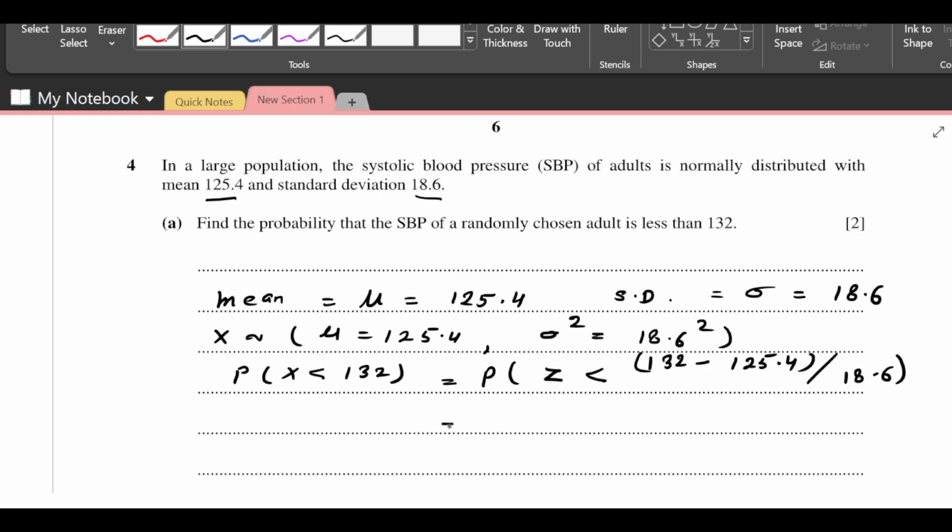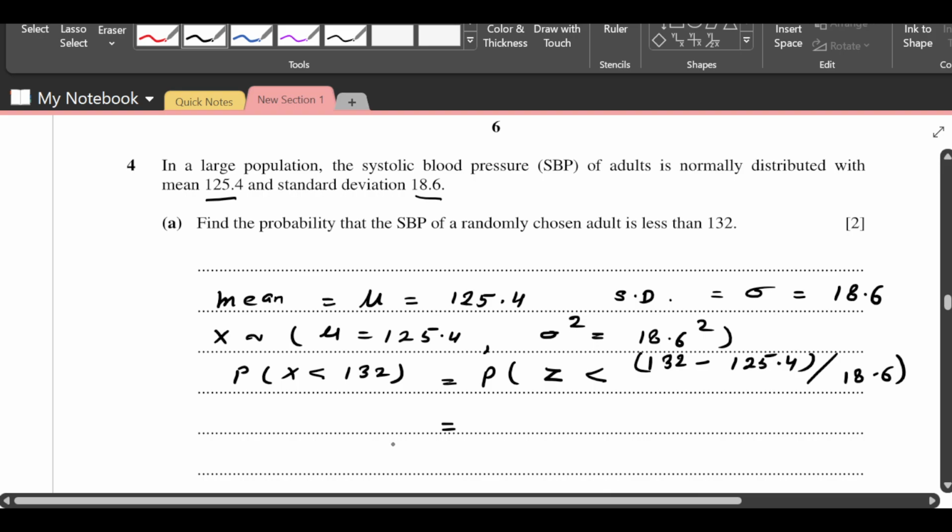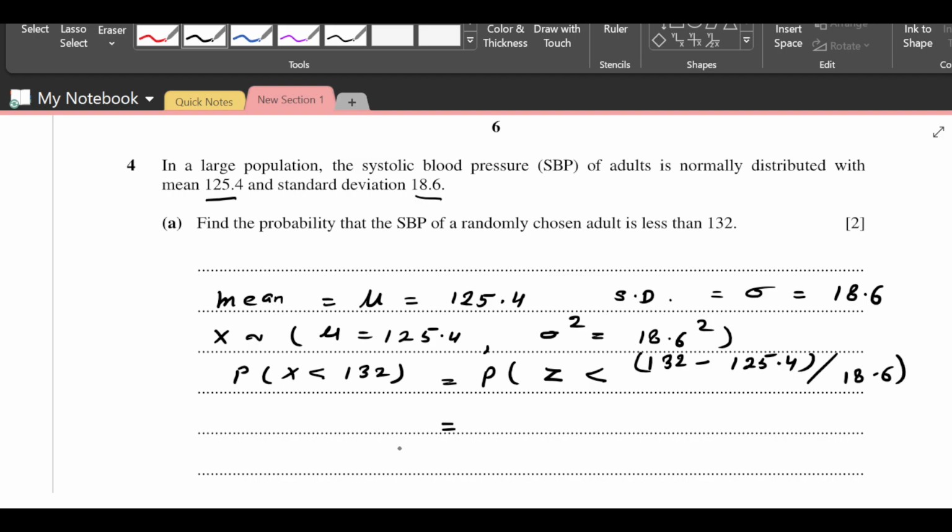So the answer is simple. Whenever there is a problem of approximation, there you have to apply continuity correction. Here they themselves are saying that we have to find the probability of x less than 132, and this is purely a problem of normal distribution only. So if they wanted less than 132.5, they would have mentioned it like less than 132.5.